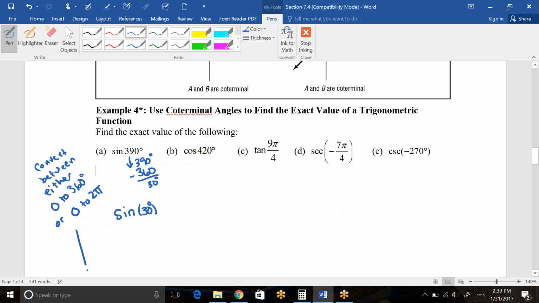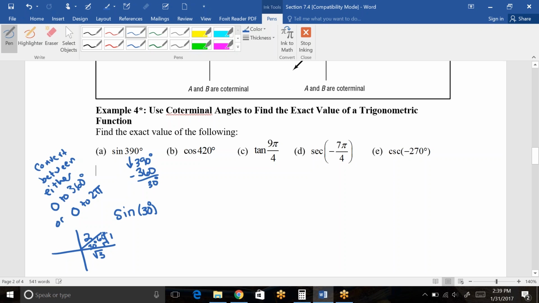Now, if you remember, this was in a previous section. Sine of 30 degrees is right here, and it was our special triangle. We learned that if you have a 30-degree reference angle, that this is a 30, 60, 90 triangle. Across from 30 is 1. Across from the hypotenuse is always double that, so we'll call that 2, and across from 60 was the square root of 3.